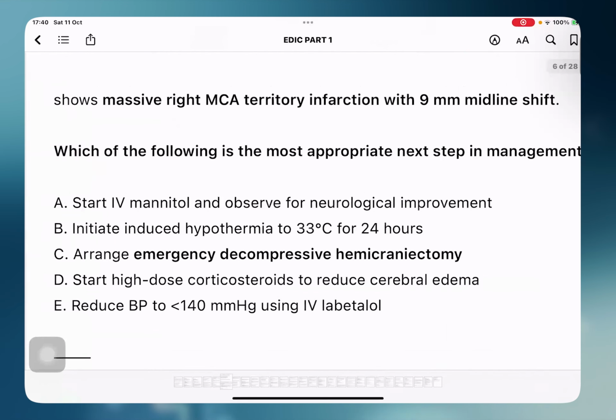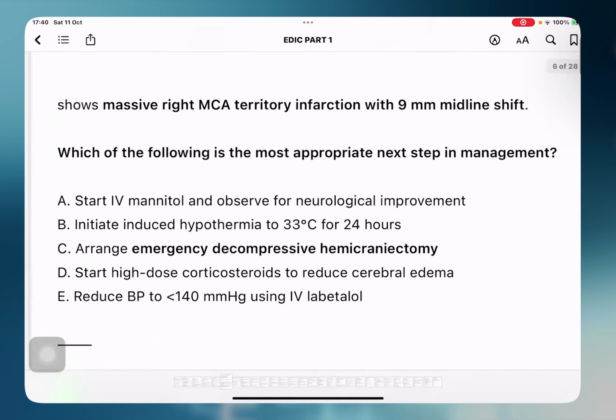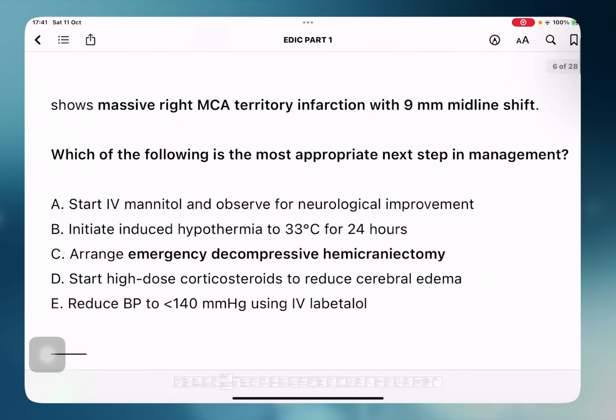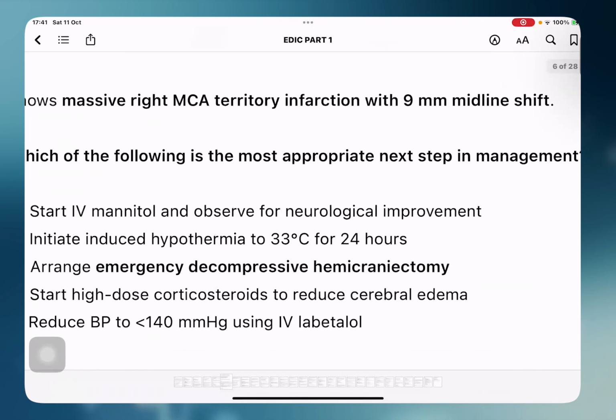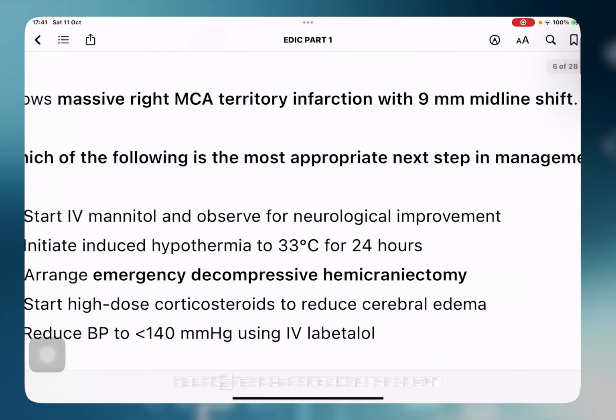So, what is the most appropriate next step in the management? Is it IV mannitol and observing for neurological improvement, or starting hypothermia, or emergency decompression, or starting high dose steroids, or bringing the blood pressure down to less than 140?